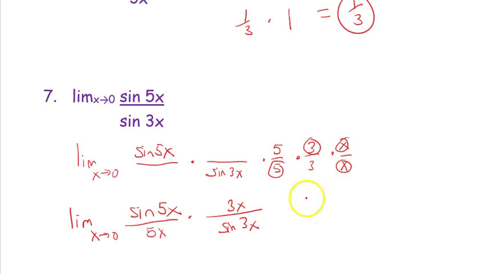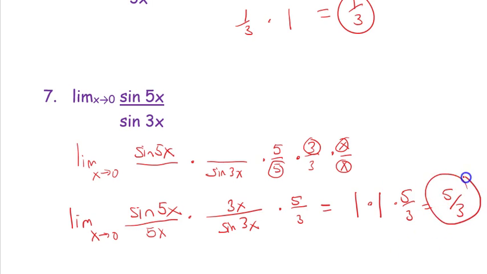And I'm left with a 5 and a 3 that I have not moved. So now I can look at the limits separately. The limit of this, because they match now, is 1. The limit of this, because they match, is 1. And then the limit of 5/3 is 5/3. So 1 times 1 times 5/3 is 5/3.